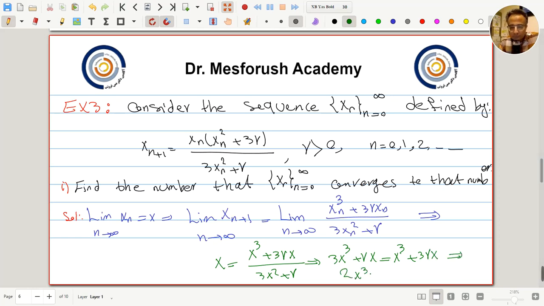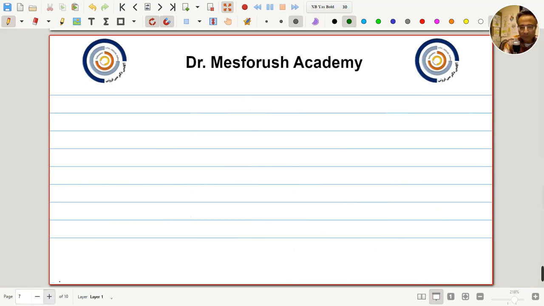and this gives 2x^3 minus 2rx equal to 0, and this gives 2x times (x squared minus r) equal to 0.